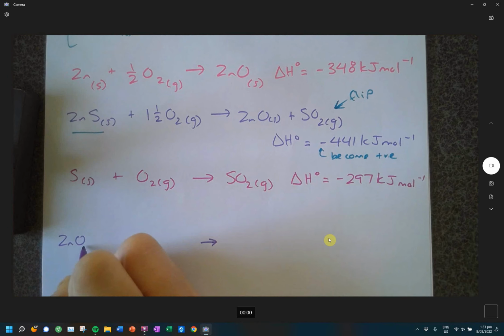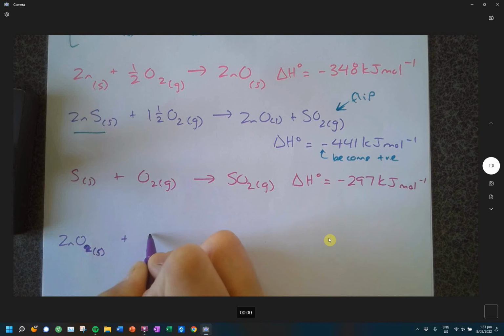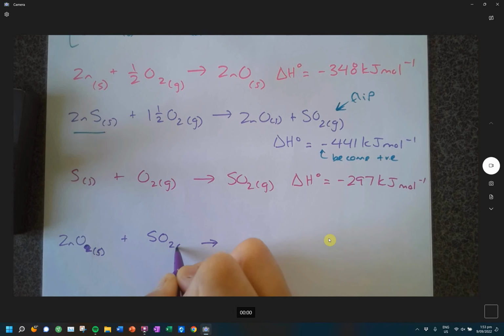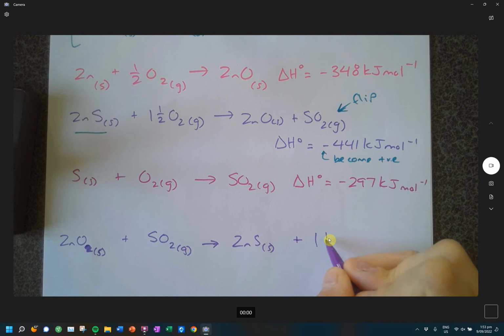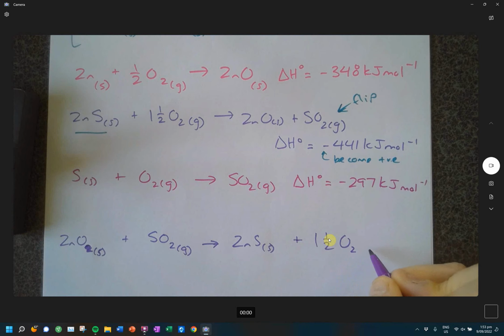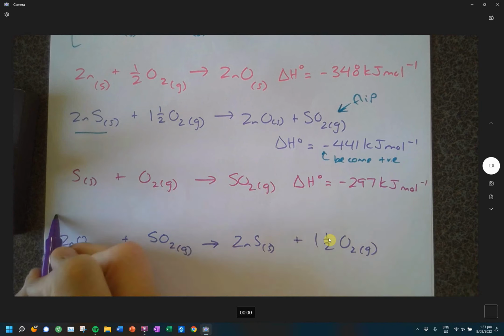That should be solid. And I would have sulfur dioxide going next. That's a gas. And I have zinc sulfide as my solid, and my 1.5 oxygens as my gas. So that's the first thing that I've done with my manipulation, is that I flipped the equation around.